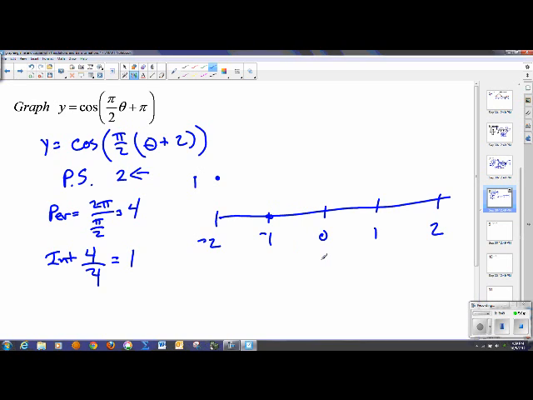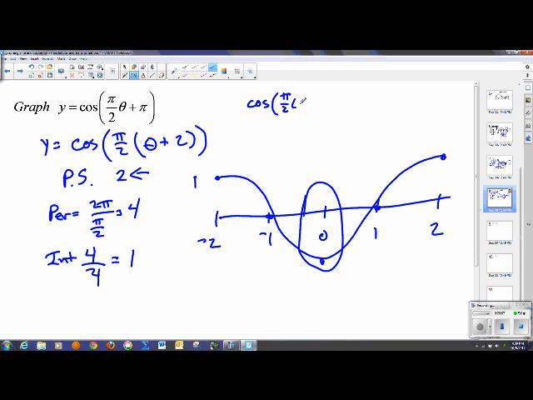Then I go to 0, negative 1, 0, 1. Check once again. I'll check the point 0, negative 1. Cosine of pi over 2 times 0 plus pi, which is the cosine of pi, or negative 1. Once again, checks.